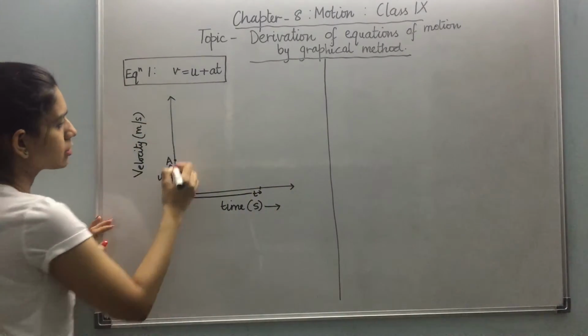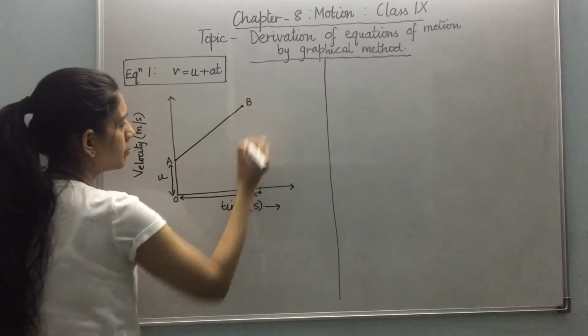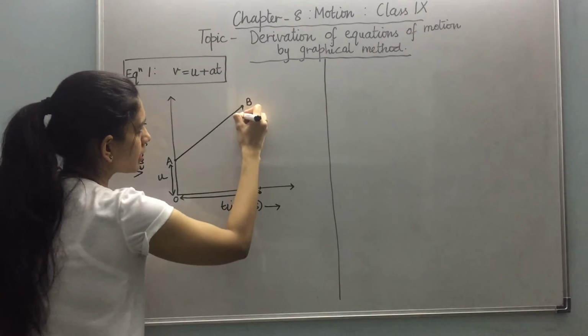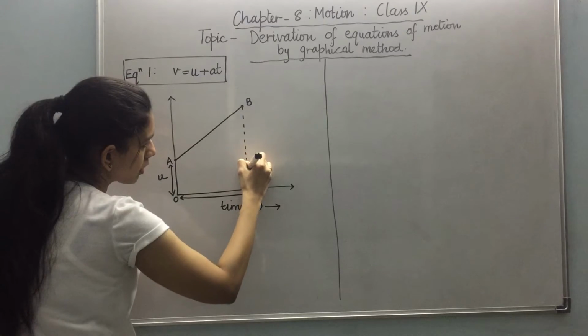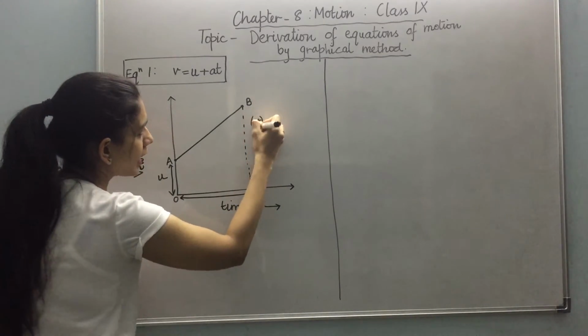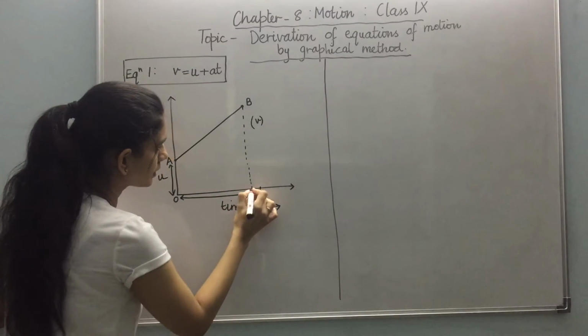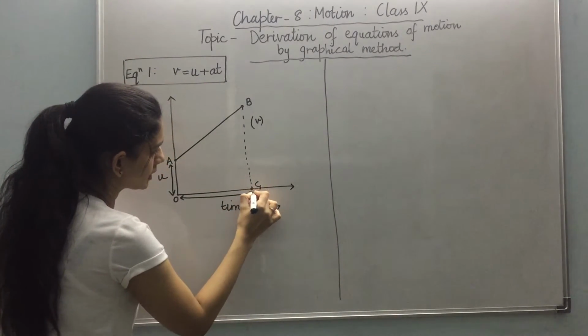In t seconds, the object has traveled from point A to point B. So if I join this with a dotted line, in time t, the object's final velocity is now this. We can consider it at point C.